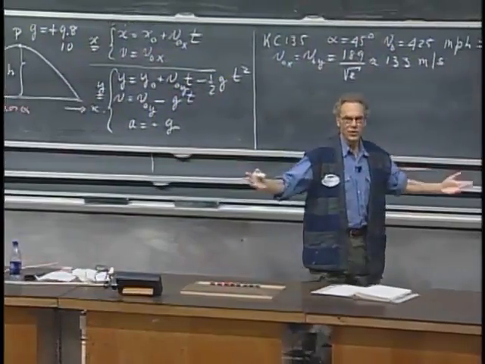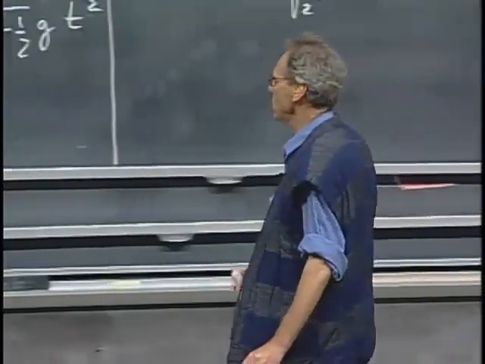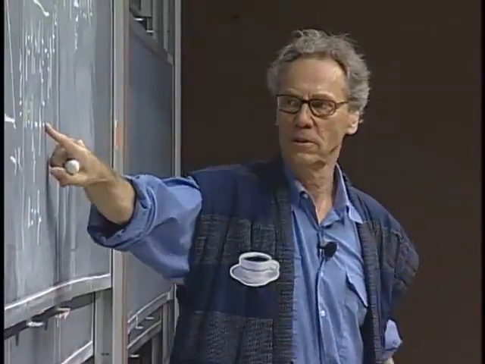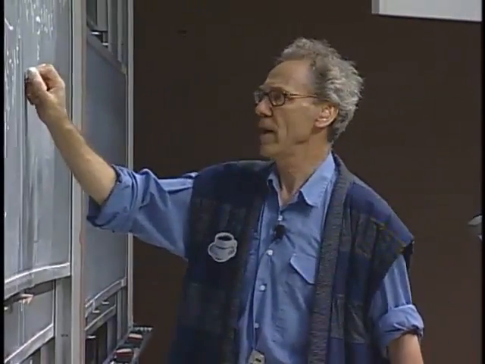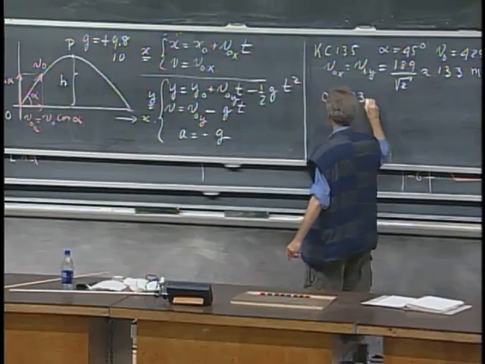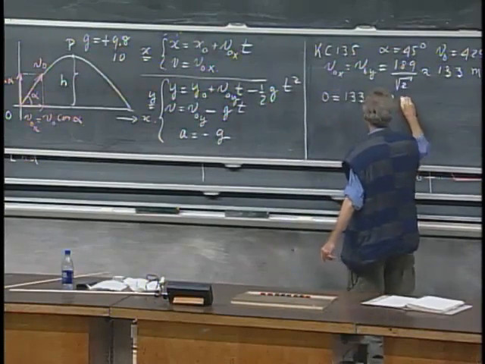That's when the velocity in the y direction becomes zero. It is positive, gets smaller and smaller because of the gravitational acceleration, comes to a halt and becomes zero. So I ask this equation, when are you zero? This is the one I pick, and so I say 0 equals plus 133 minus 10 times t.